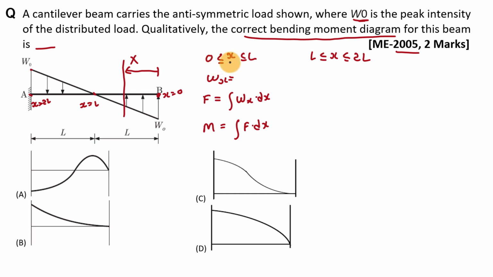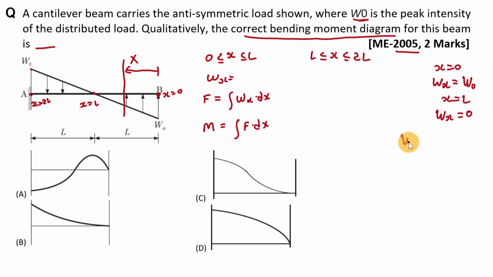Now in the interval of 0 to L, what is the value of Wx? At x is equal to 0, value of Wx is maximum, that is W0, right? And at x is equal to L, value of Wx is 0, right?